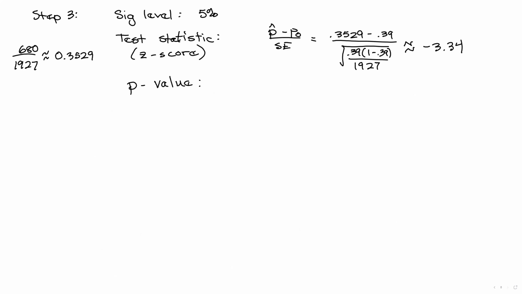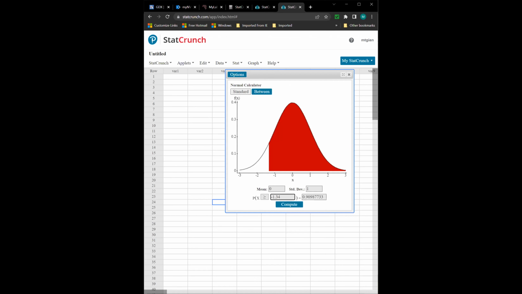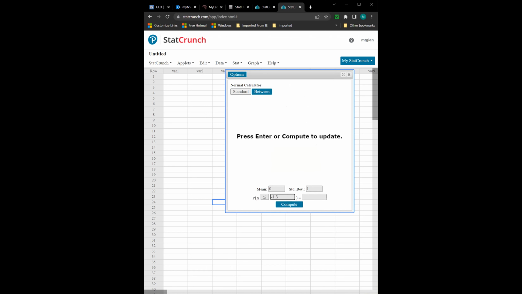All right, and so to do that, we need to get our StatCrunch out here. What we're doing is we want less than, so you can change this to less than. Except ours is not negative 1.34, it's negative 3.34.